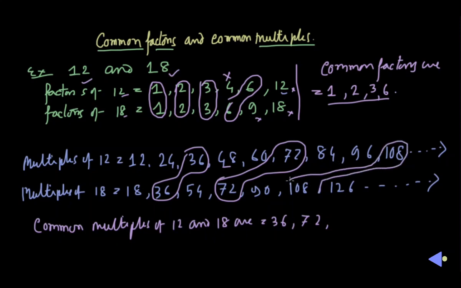So we have 3 common multiples here. We can get more and more multiples since it goes up to infinity, but for the example we have 3 common multiples.